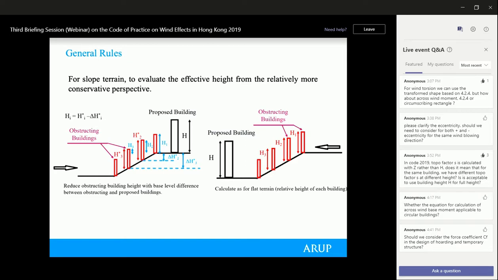You may refer to this diagram to determine how to take the building heights of the surrounding buildings in an uphill or downhill situation. But this is not to take into account the topography effect. This is just to be conservative in considering the sheltering effects.